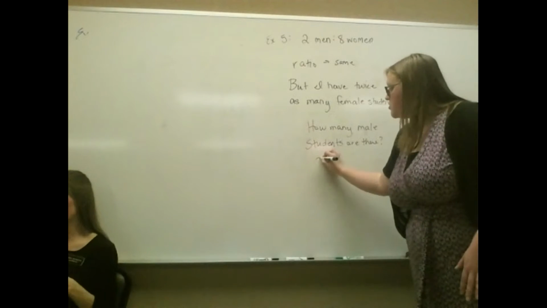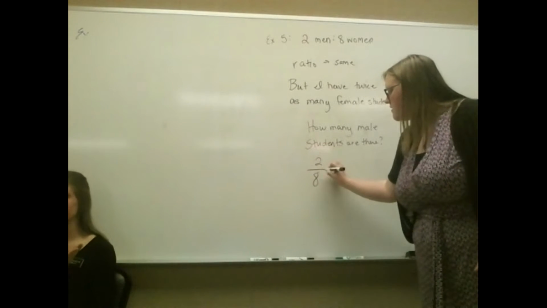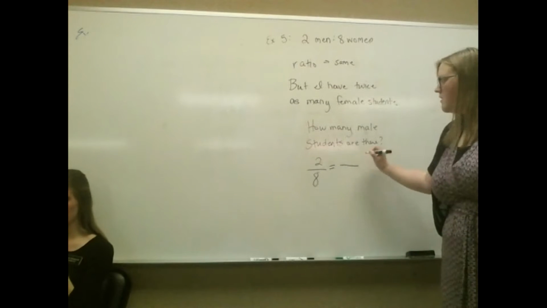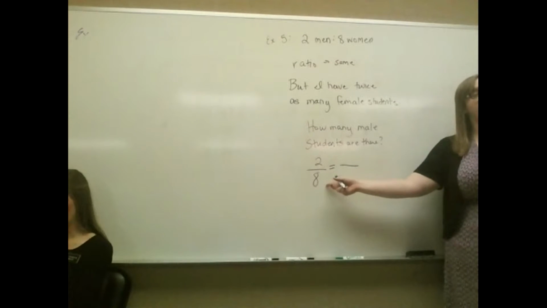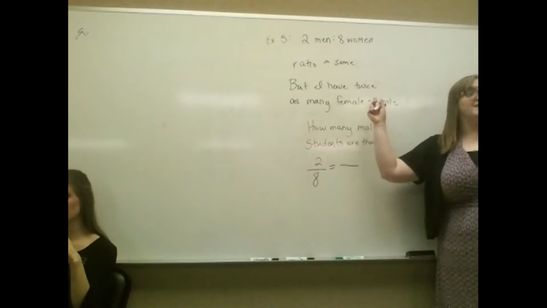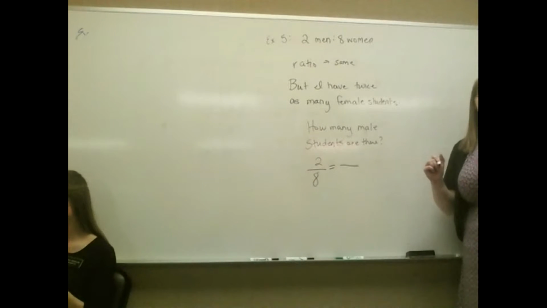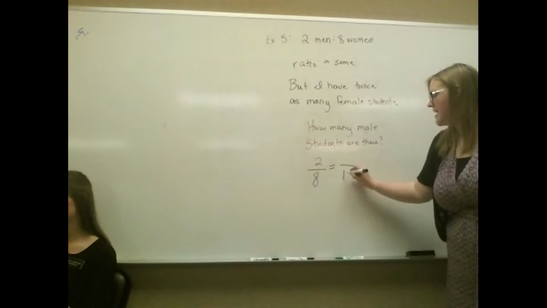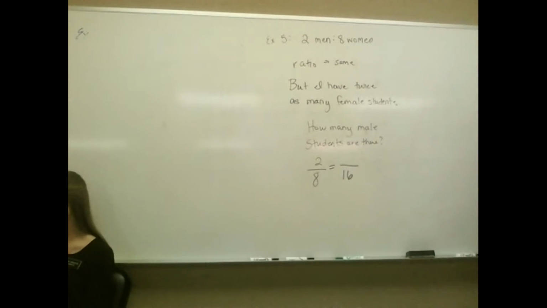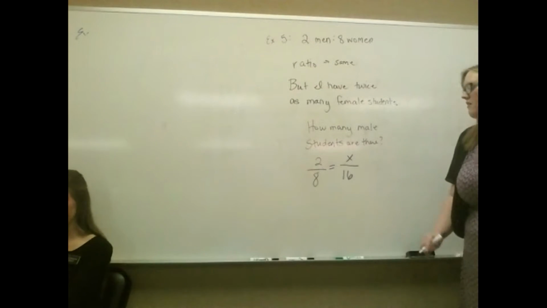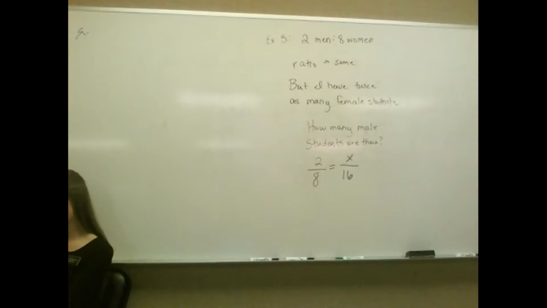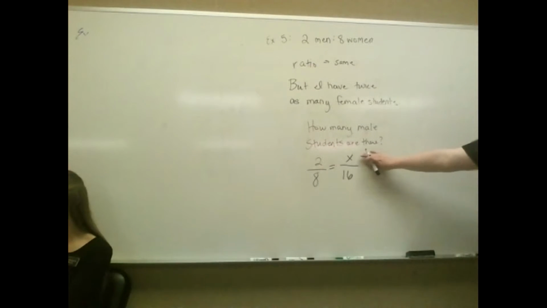So we have 2/8 equals, now remember 8 was our number of women, and I said we have twice as many. So twice as many is how many females? 16, because we just take 8 times 2, 16. And then we put an X here, because that's what we don't know. This is our number of male students.